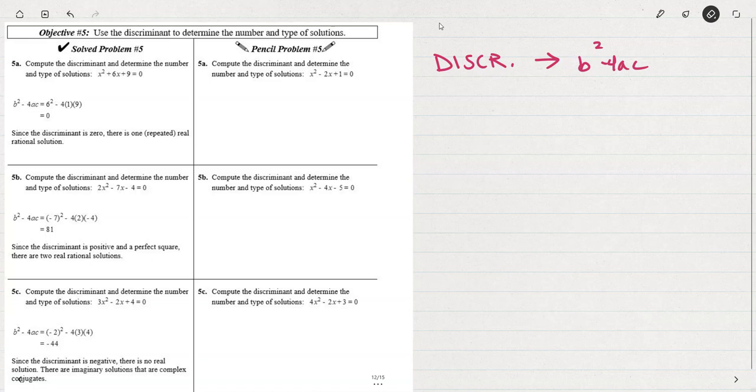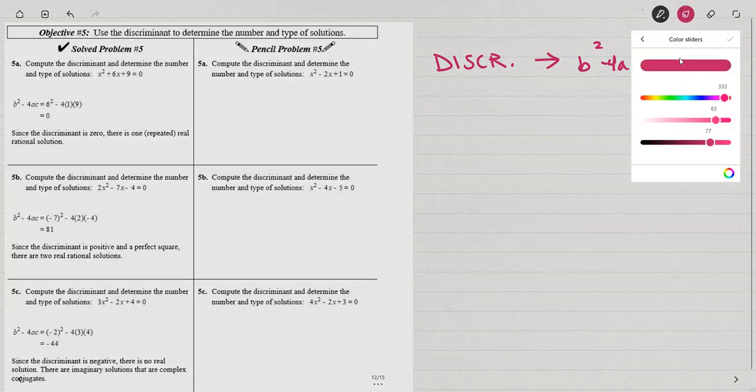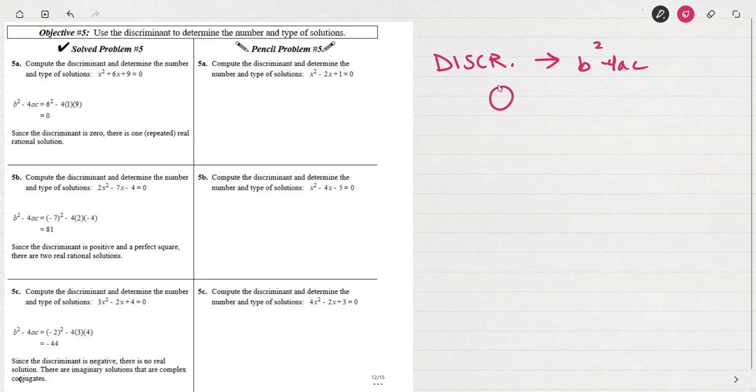When the discriminant is 0, if the b squared minus 4ac is 0, we would get 1 real solution.